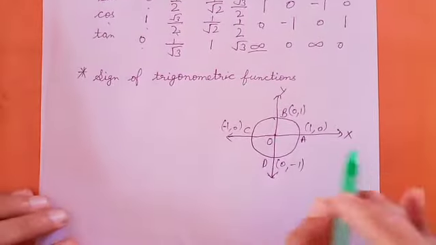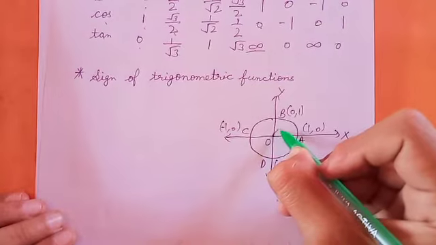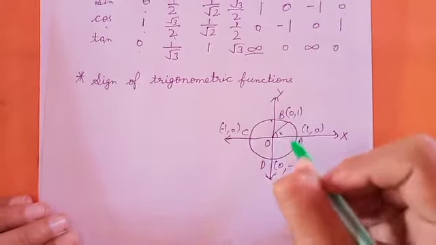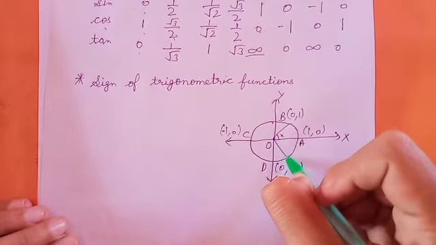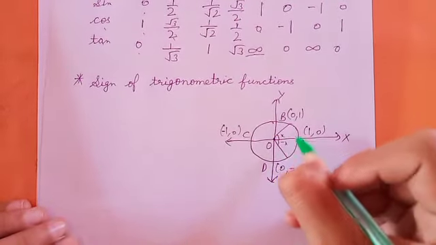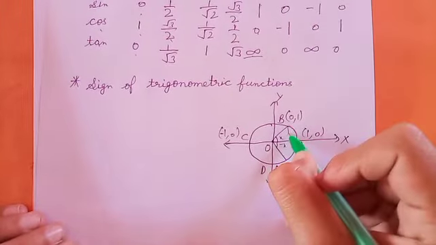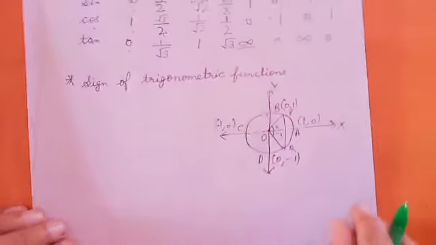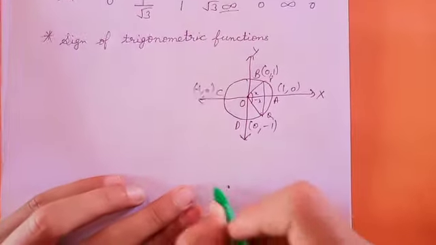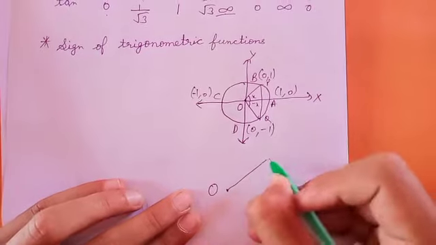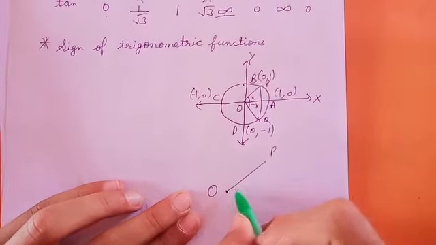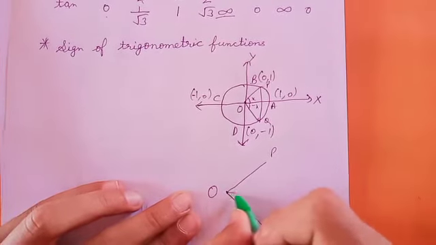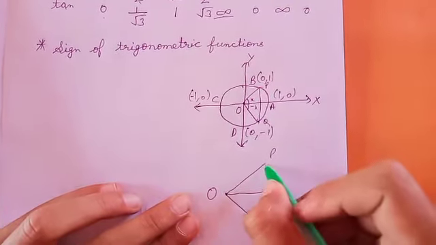Now in this case what we will do, we will draw an angle X in the first quadrant and the same angle, meaning angle minus X, in the fourth quadrant, and we will name these points as P and Q. We can say it is our point O, it is our point P, it is our point Q, and it is our x-axis.